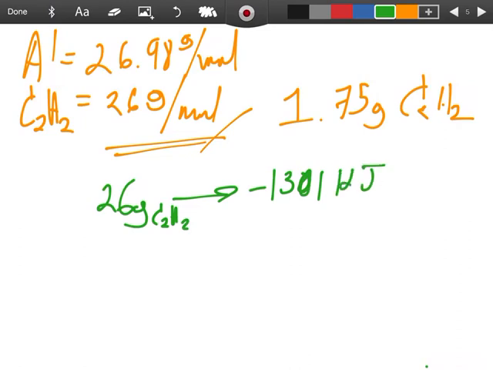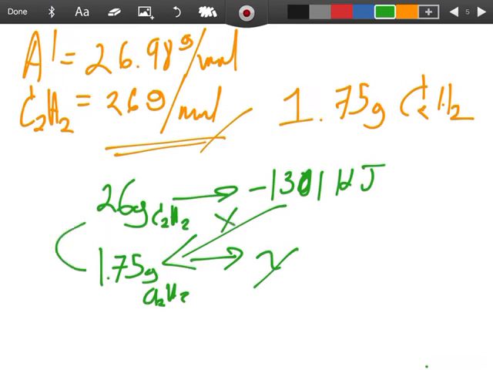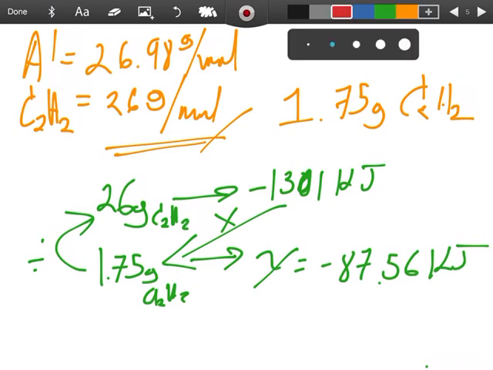Very well. If I have 1.75 grams of C2H2, then how much I am going to get? Well, pretty simple. You send an arrow, you multiply, you then divide, and what you get is minus 87.56 kilojoules, basically.